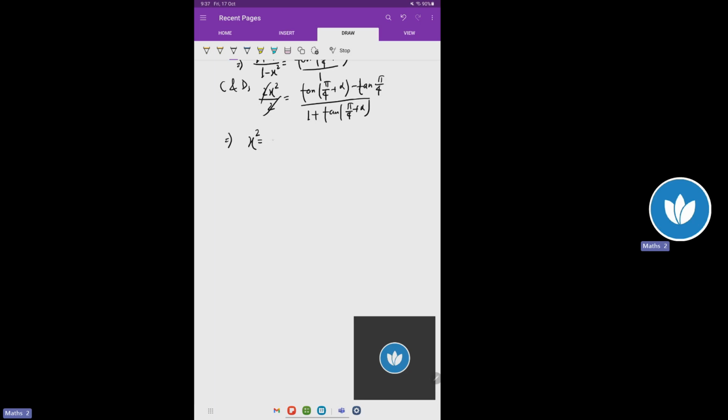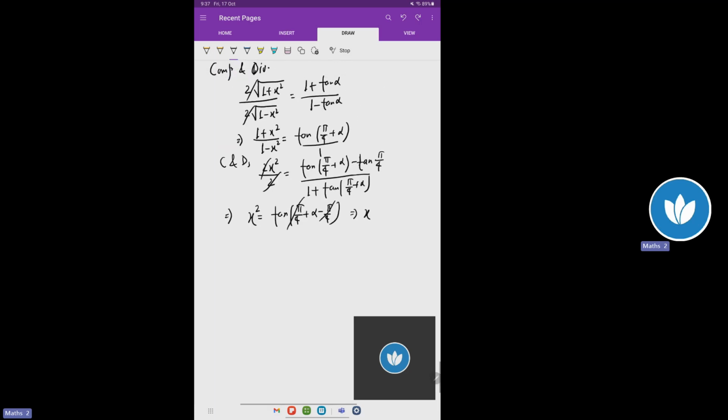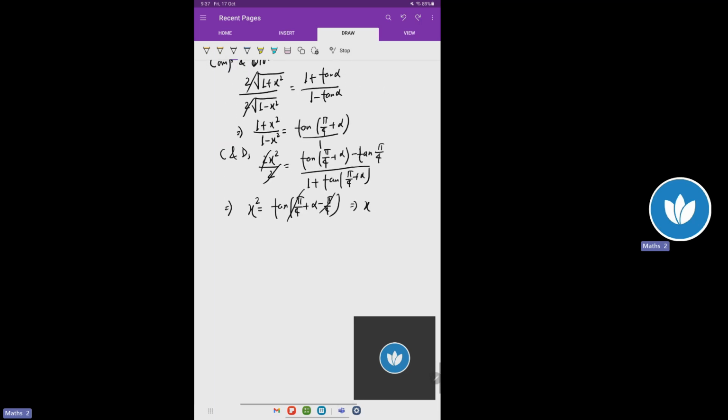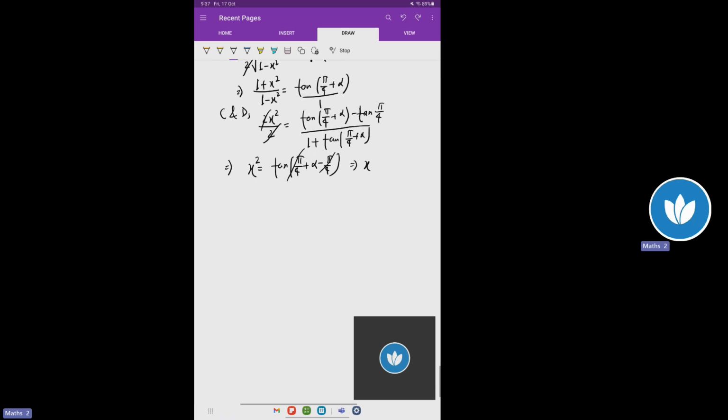So we can write tan of pi by 4 plus alpha minus pi by 4. So x square is equal to tan alpha, we can say. But they are asking something else, so x square should be equal to tan alpha.